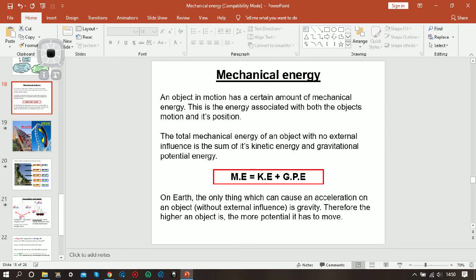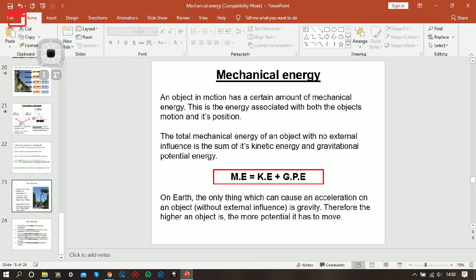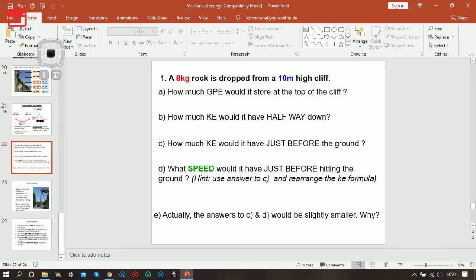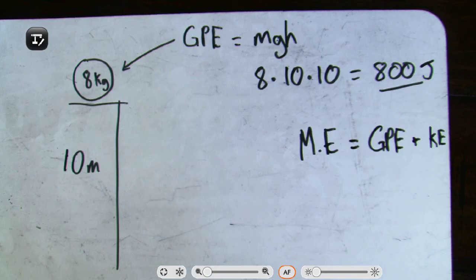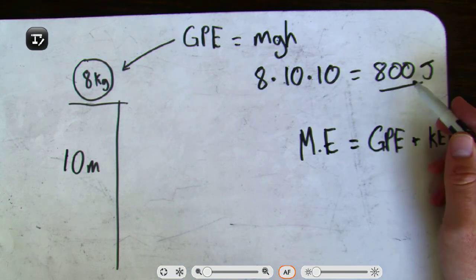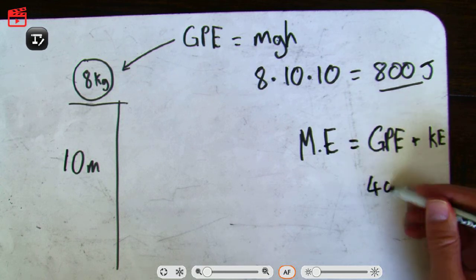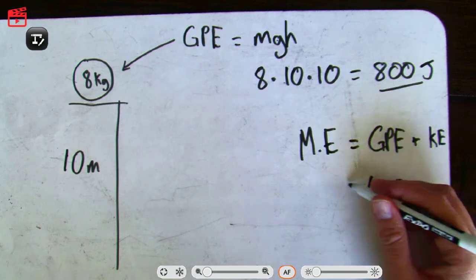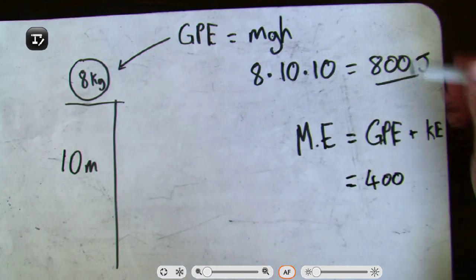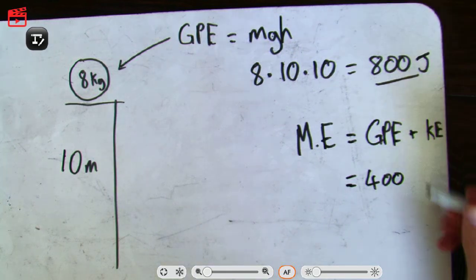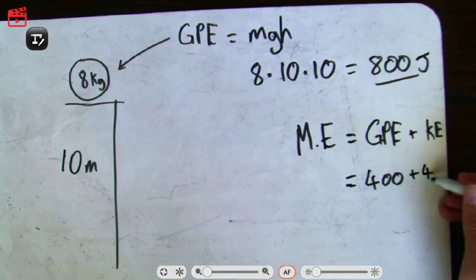So let's go back to that question. How much would it have halfway down? Halfway down, the GPE has gone from 800 joules to half of that. At the top, the kinetic energy would have been 0, so it's 400 plus 400 equals 800, right?